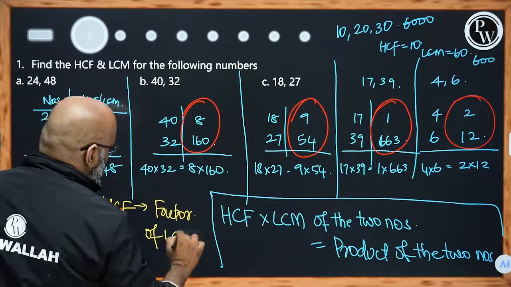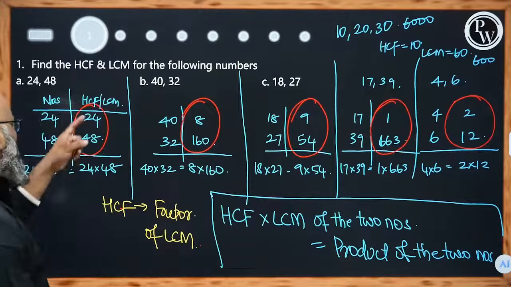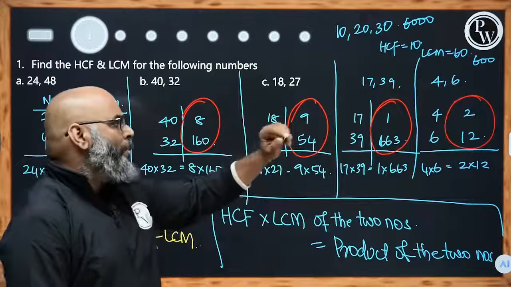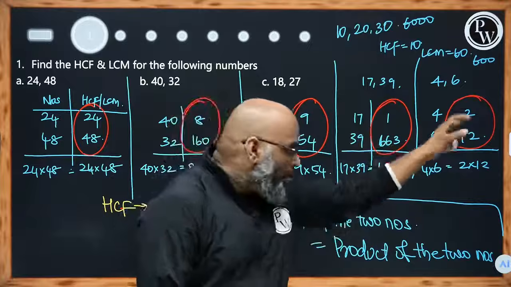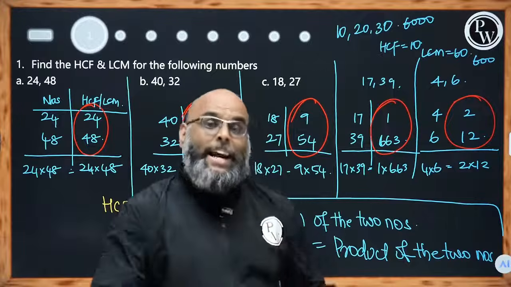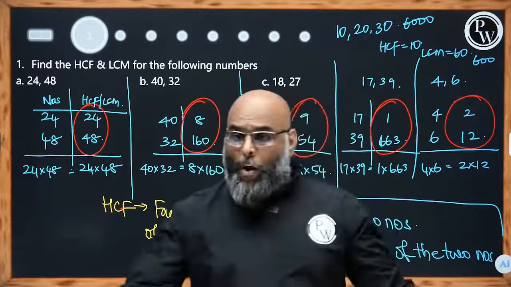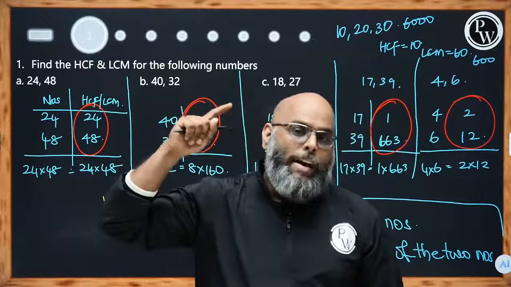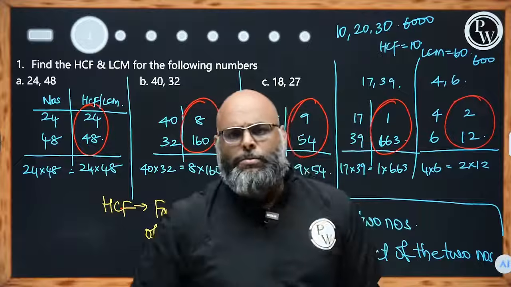Always. Always. 24 divides 48. 8 divides 160. 9 divides 54. 1 divides 663. 2 divides 12. For any set of numbers, irrespective of how many numbers I am looking at, HCF of some numbers is always a factor of LCM of those numbers.